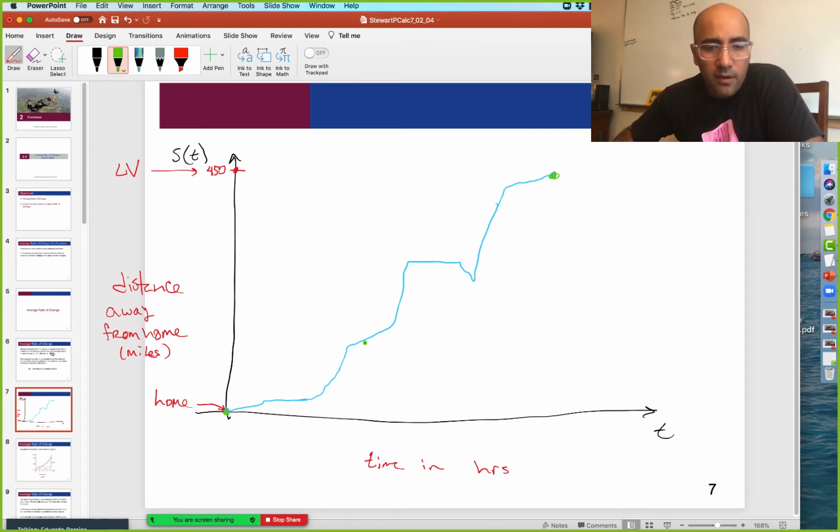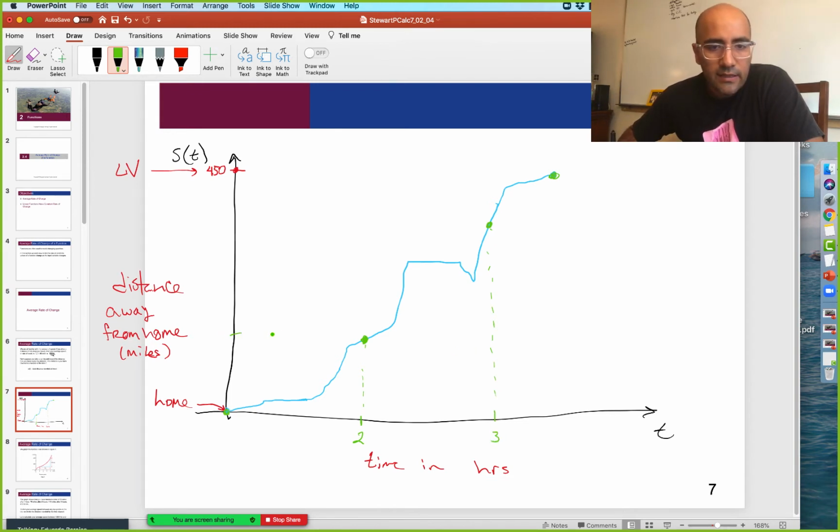Or if I wanted to come up with the average speed between 2 other sets of points, like these 2 sets of points right here, then I would find the change that occurred between these 2 points. Just throwing some numbers out, let's say that this is at hour 2 and this is at hour 3.